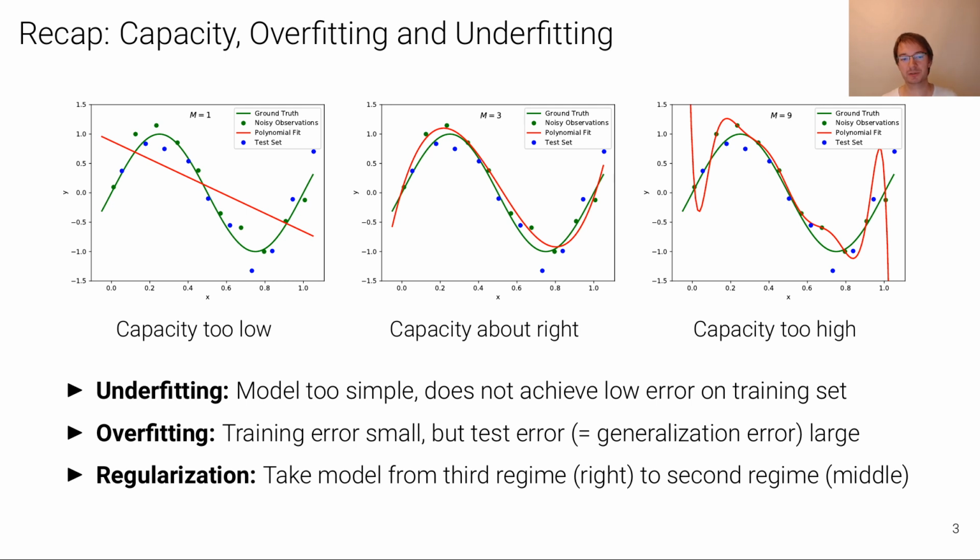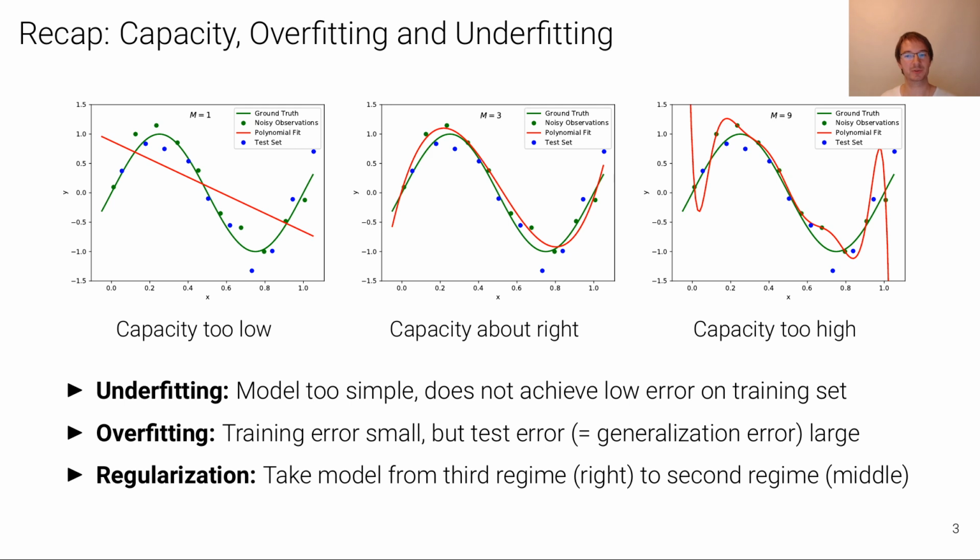Now, when we talk about regularization in the context of deep neural networks, what we want to do is take a model from the third regime, a model that's too flexible, and bring it to the second regime where the capacity is about right. Why do we want to go from the third to the second regime? Well, for many real-world problems, it's very hard to specify by hand the right representation that has a small number of parameters.